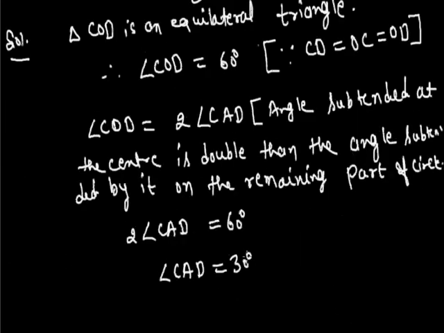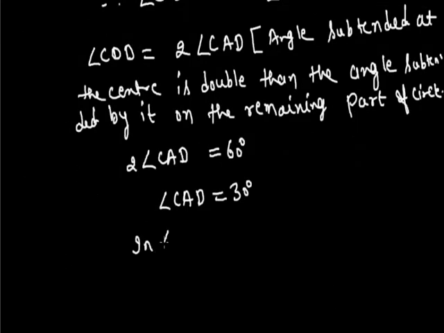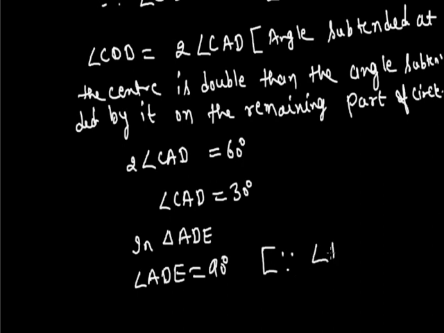Now in triangle ADE, angle ADE is equal to 90 degrees because angle ADB, angle in a semicircle, is a right angle.